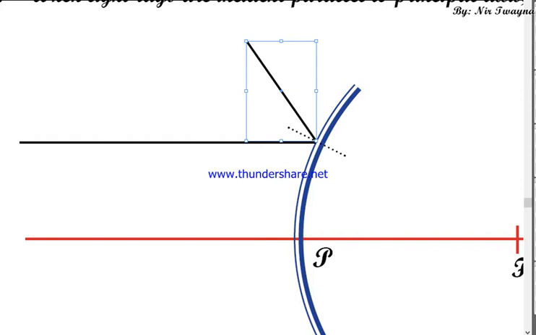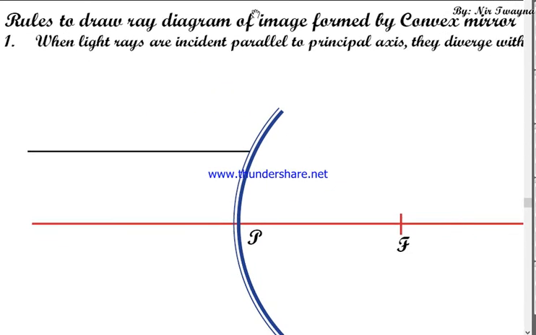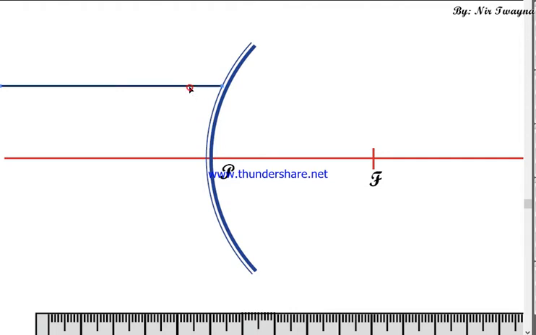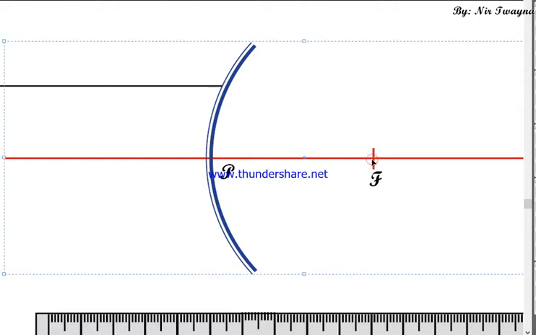Now we cannot measure the angle each and every time, can we? That's why these rules are the shortcuts. The light ray which is parallel to the principal axis reflects, that means it goes up, but with reference to focus.